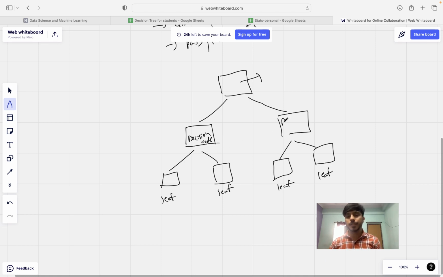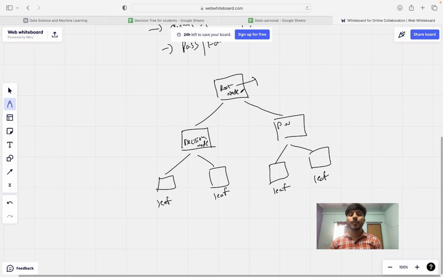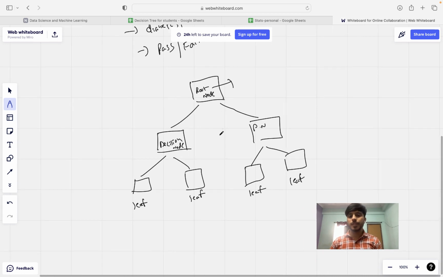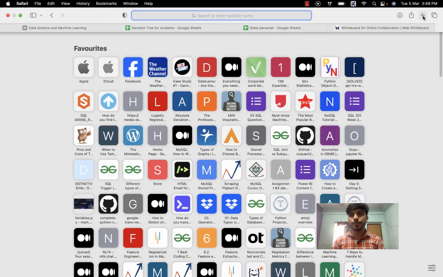This is also a decision node, and this is a root node, which is the first ever node of your tree. So how do we select these nodes? What is the math underlying this algorithm? That we will discuss. Before that, I'll show you practically how this algorithm works with some examples.